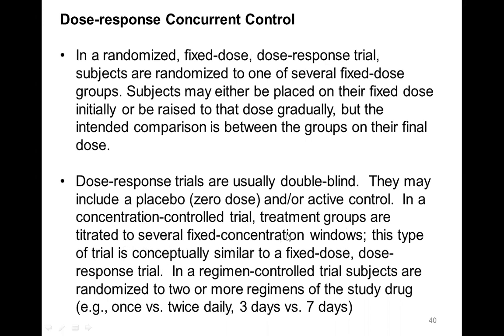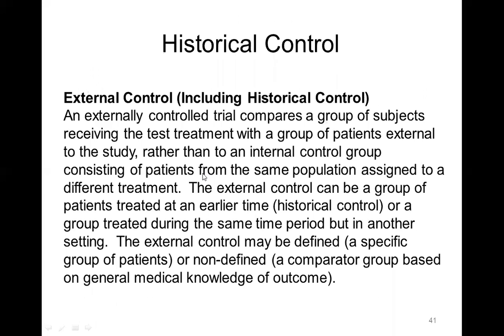You can have them titrated to several fixed concentrations, okay? So in a regimen controlled trial, subjects are randomized to 2 or more regimens of the studied drug. So it can be once or twice daily, 3 days versus 7 days, however you want to do it. So just be familiar with the fact that there are these different kinds of controls and what the difference is.